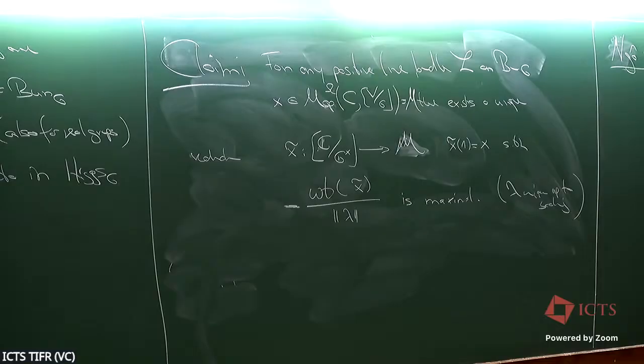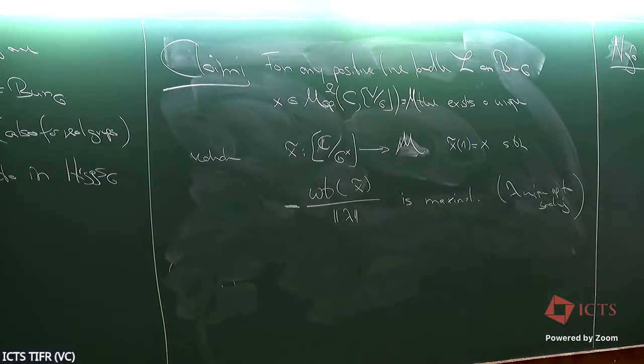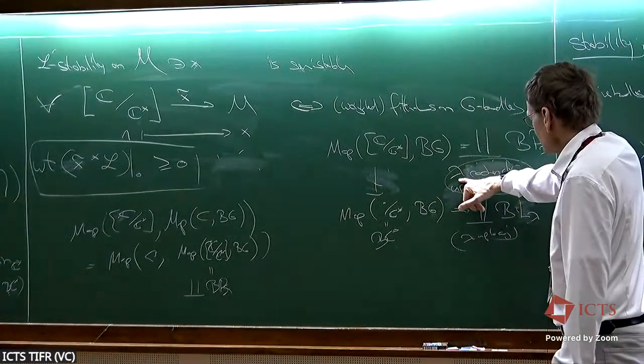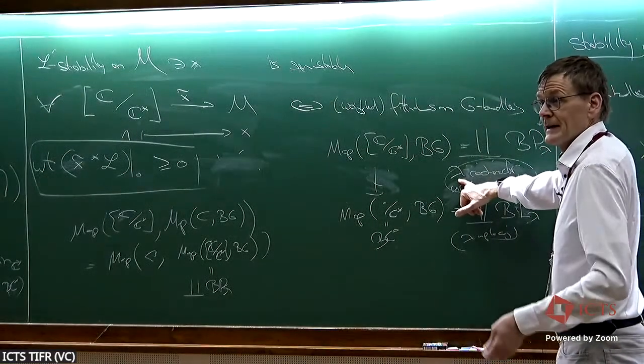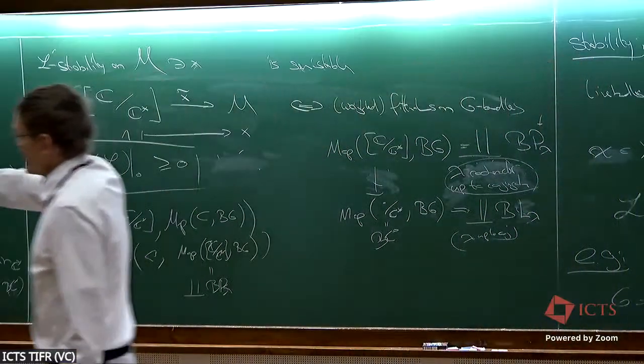So why do I have to have this normalization here? Usually you think of these canonical destabilizing things as having a maximal degree. And here comes this cocharacter. Whenever you give me such a reduction, I can just multiply λ by any number, and I get another reduction that scales the weight.